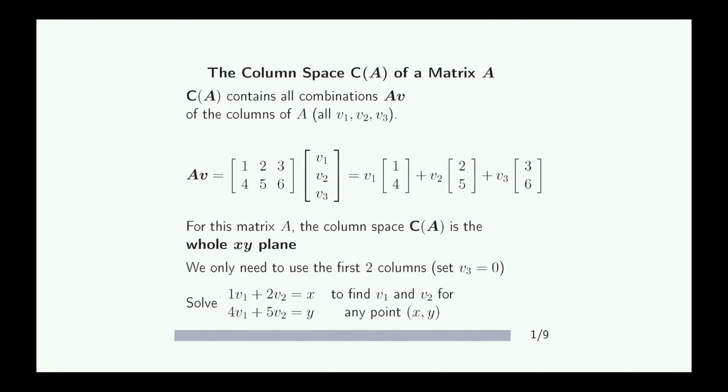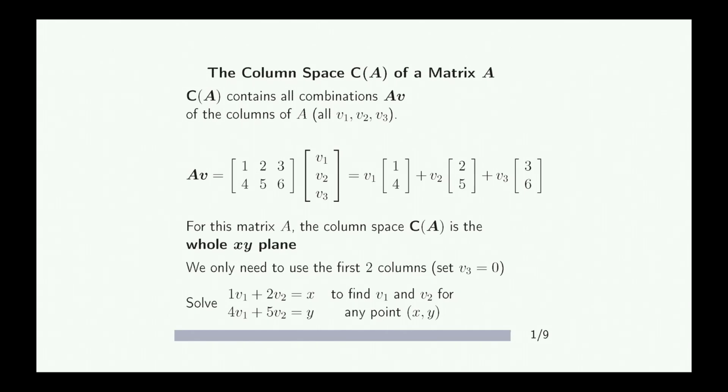And if we take all combinations, all the v's possible, that will fill up a plane. And in this case, there's only the xy plane, all the vectors are in the xy plane, and those combinations will just fill the plane.